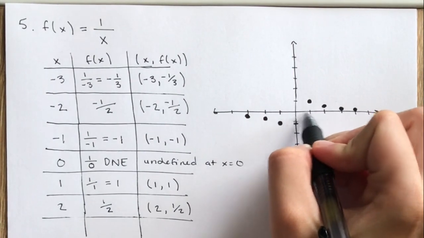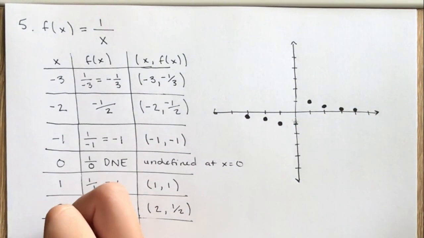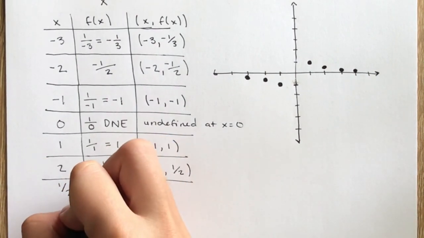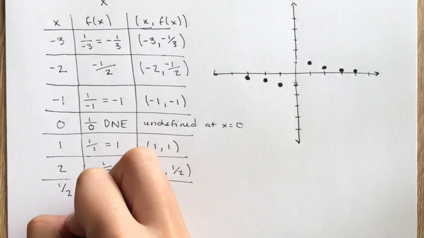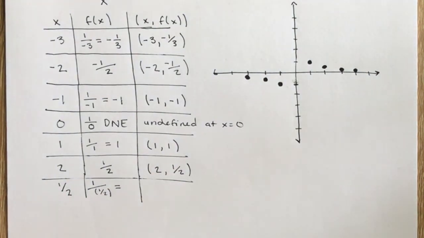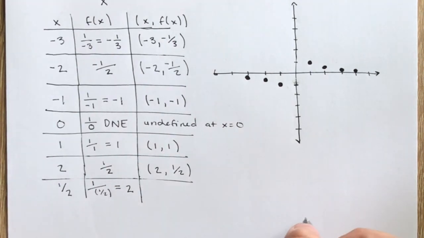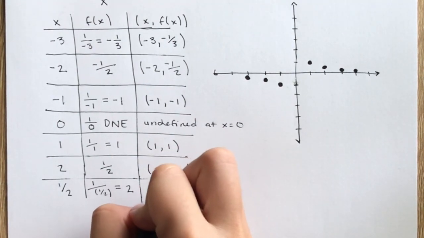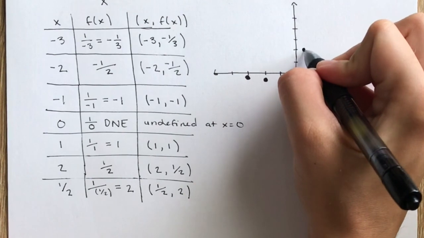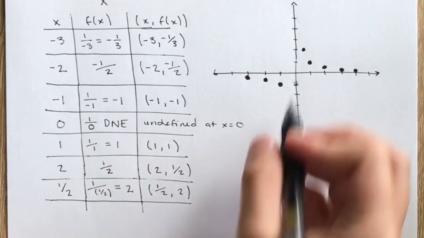Well, we can check any of these x values, right, between 0 and 1. So let's say we're checking maybe 1/2. What happens when I plug in 1/2? Well, I'm going to be looking at 1 over 1/2, or 1 over 0.5. If I plug that into a calculator, or I simplify this algebraically, I end up with 2. So I have 1/2, 2 here. Let's put something bigger in, and let's see if it's the same when it's negative.